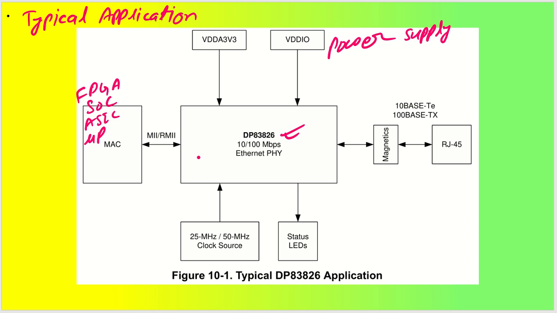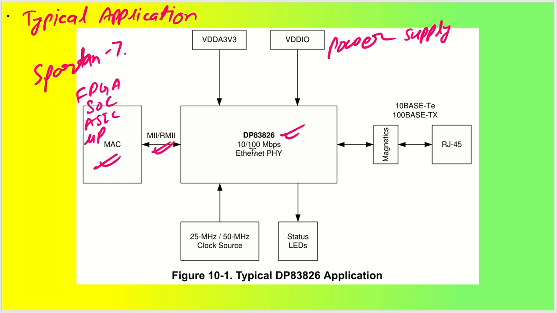The DP83826 IC is capable of giving you MII as well as RMII interface capabilities to the MAC, which is going to be an SoC, ASIC, microprocessor, or maybe an FPGA. We have used a Spartan 7 FPGA to develop this interfacing.